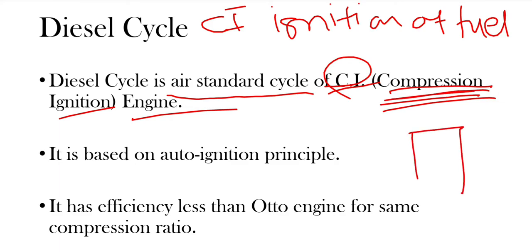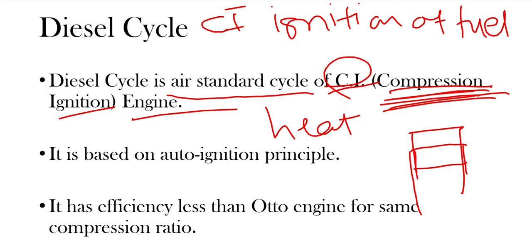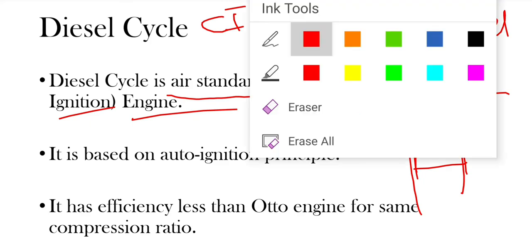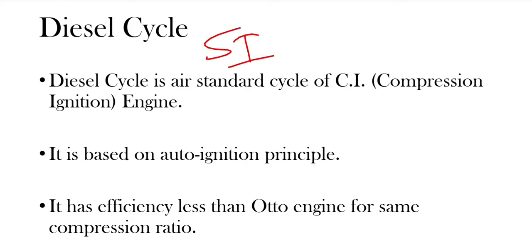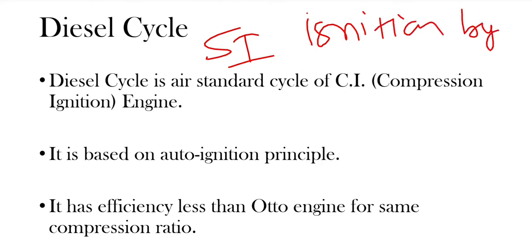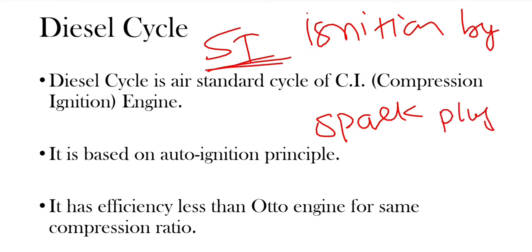That is, the piston compresses the air, and due to the heat generated by compression, the fuel is ignited. Unlike in the SI engine, where we know the ignition is done by a spark plug. That is why it is called spark ignition.